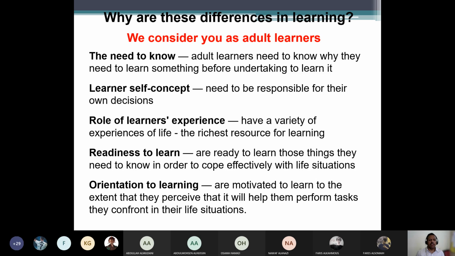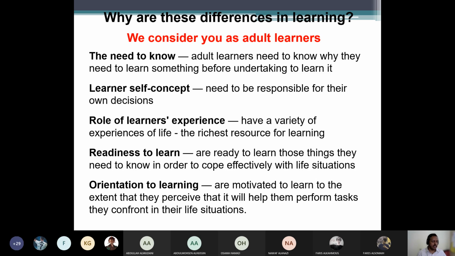Learners' experience: they have a variety of experience because they are already maybe 17, 16 years old. So they have got a good experience of their life or previous learning. They are ready because they have already chosen the profession and they are oriented, so they are ready for learning. Anything we ask them to do, suppose let's say I will ask you to make a project, then they will make a project because they are ready.